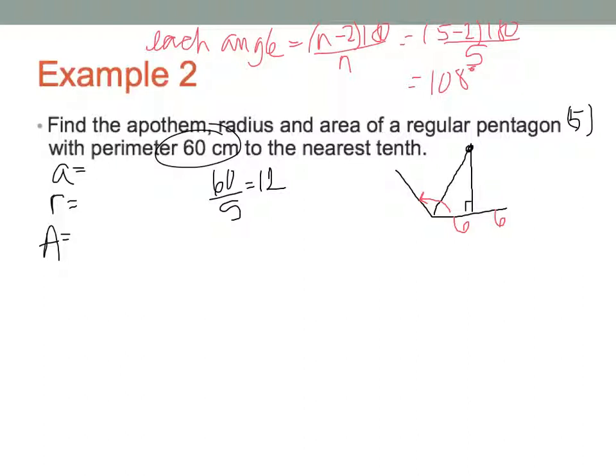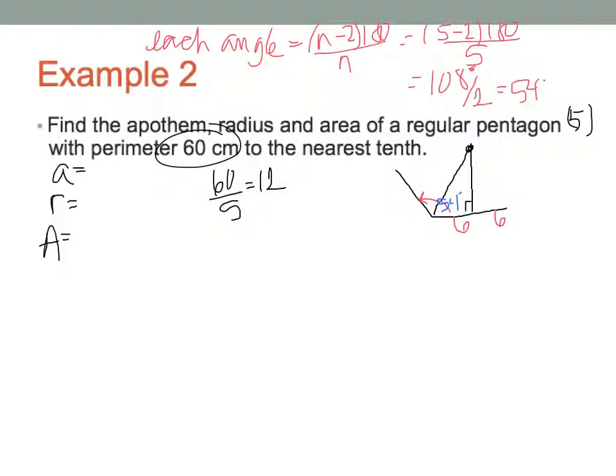Now the whole thing's 108, and because a radius bisects that whole angle, I'm going to divide it by 2, and I will get 54 degrees, which is what's represented in here, 54 degrees.